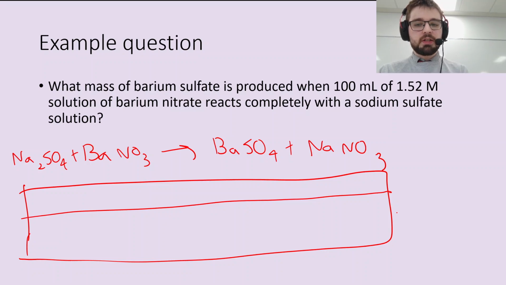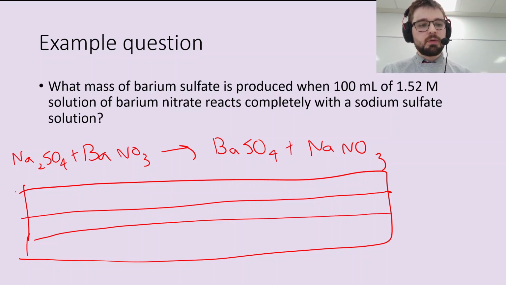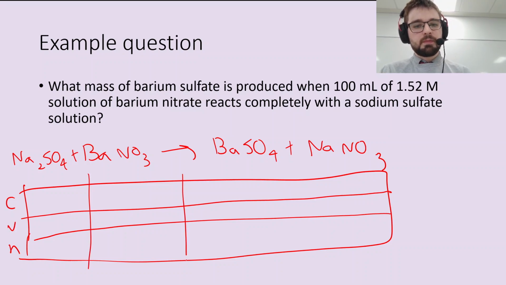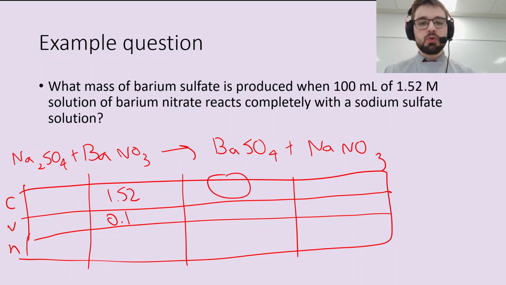If you want to do this in a test, bring a ruler. So remember we had concentration, volume, amount. Doesn't need to be beautiful. So we've got 100 mils of 0.152 of the barium nitrate. So we've got 0.1 liters, 0.152. We're looking for mass here, so we're going to use the molar mass.